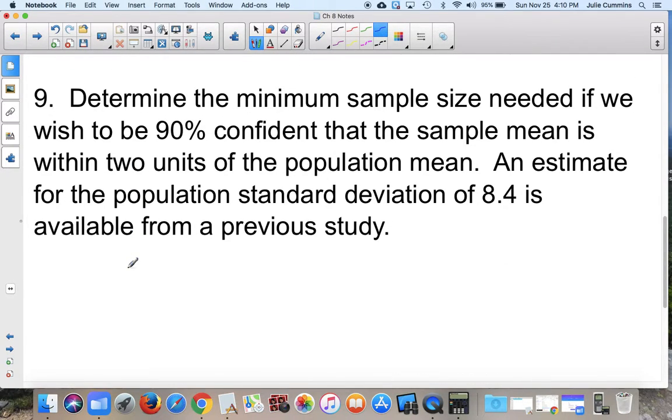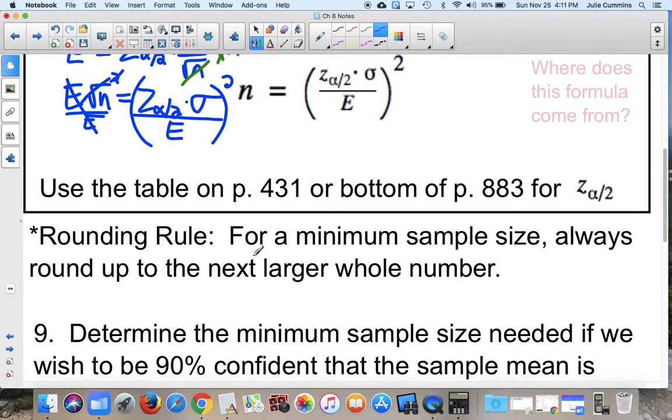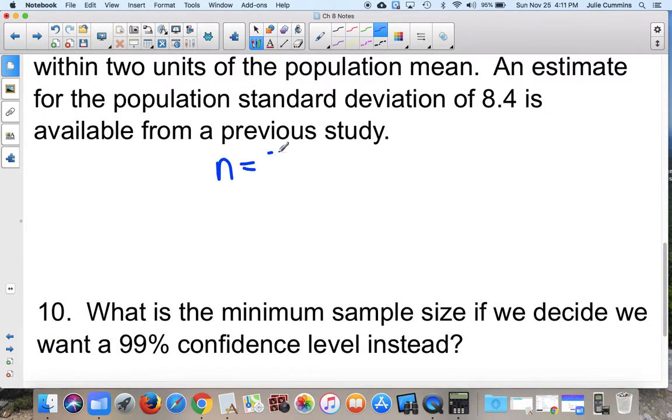So we want to determine the minimum sample size needed if we wish to be 90% confident that the sample mean is within 2 units of the population mean. And an estimate for the population standard deviation is 8.4. So that formula was n equals our critical value of z times sigma divided by E, and we're going to square the whole thing.